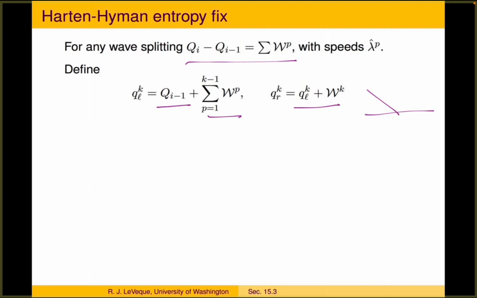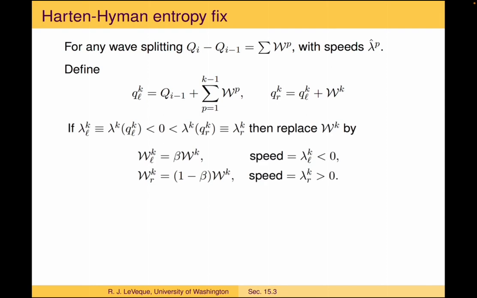So the picture is we have a bunch of waves, and if we're looking at one particular family, then we look at the left state and the right state corresponding to this wave, which is propagating at speed lambda k hat. In this case k would be 3, I guess, for the system of 4 equations, and we were looking at the jump across the 3-wave.